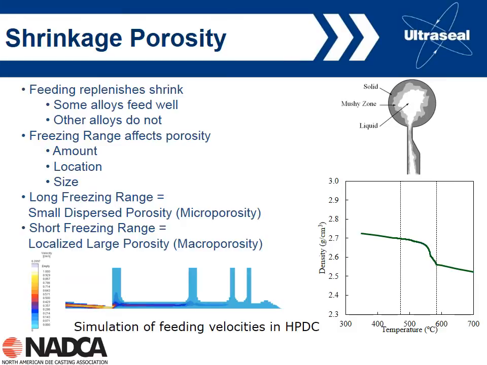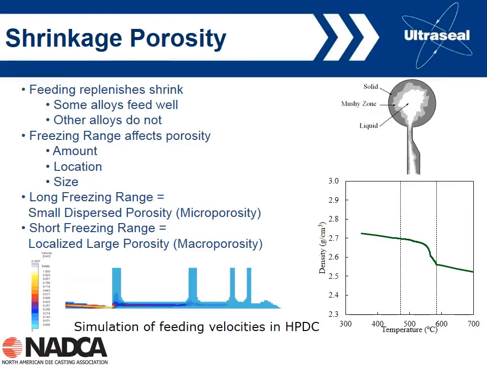We've got this extremely wide freezing range, and therefore when you inject the liquid into the mold, the mush is forming all over the place. And so the porosity that forms in these wide freezing range alloys tends to be dispersed throughout the mush, throughout the casting. So you get lots of small pores.